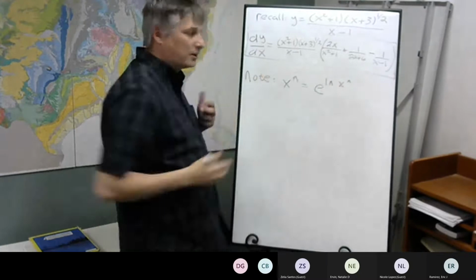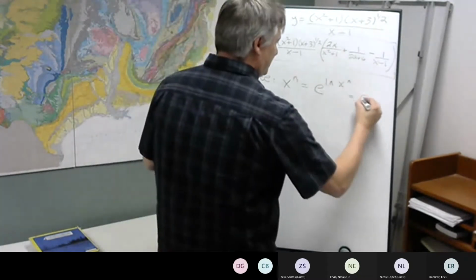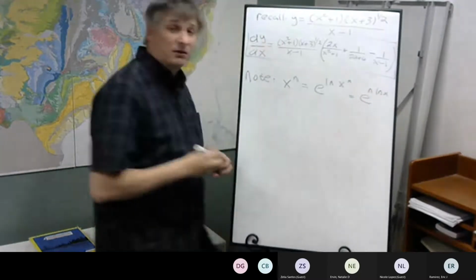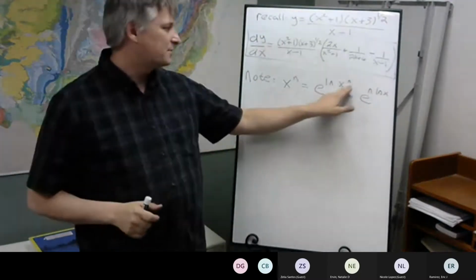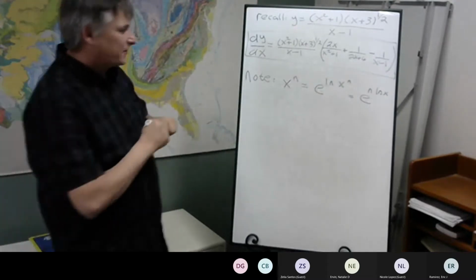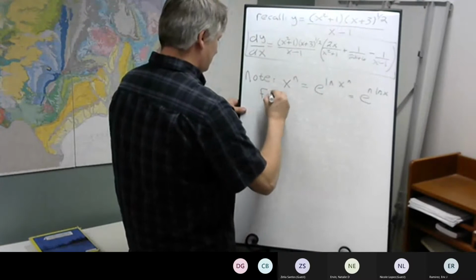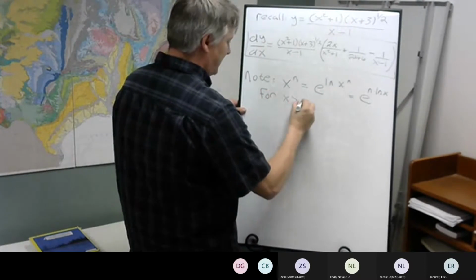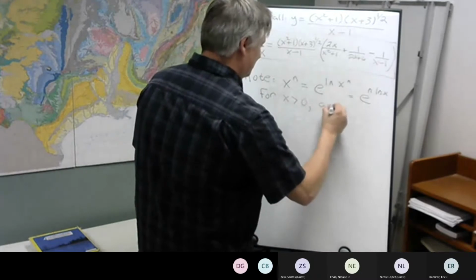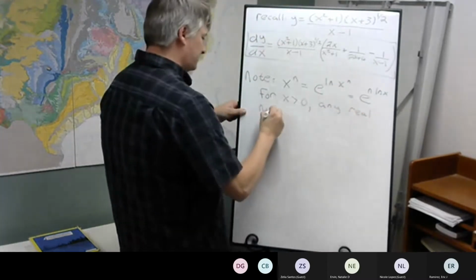The e and natural log would normally cancel out. And we'll call this e to the n natural log of x. Again, that exponent is going to hop on down. So this is for any x greater than 0 and any real number.